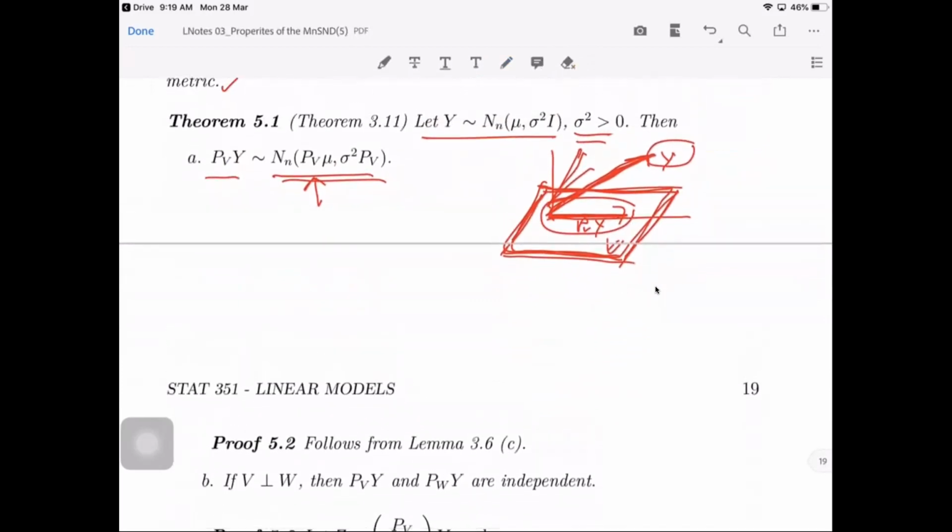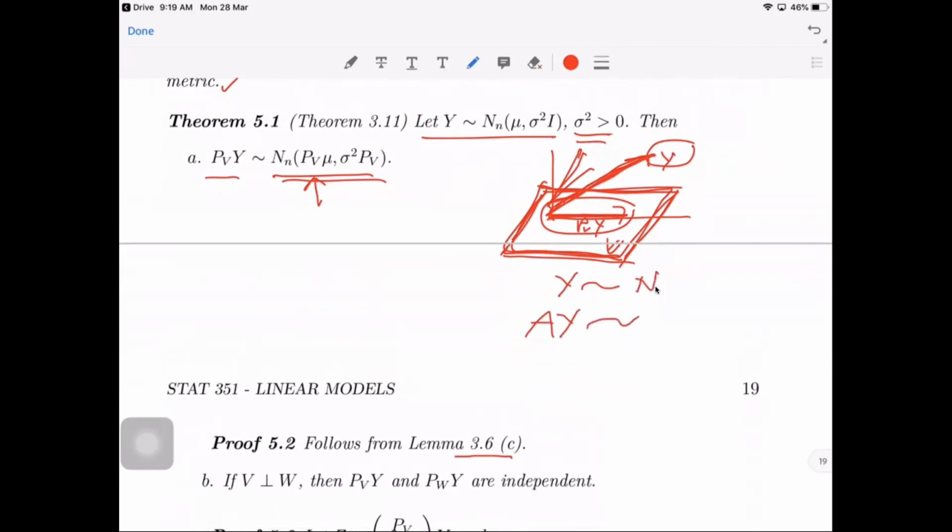the proof of this follows from lemma 3.6, wherein you have a transformation AY. You started with Y, which is normal with mu and sigma squared. So AY will still be normal with A mu and A sigma squared A prime.